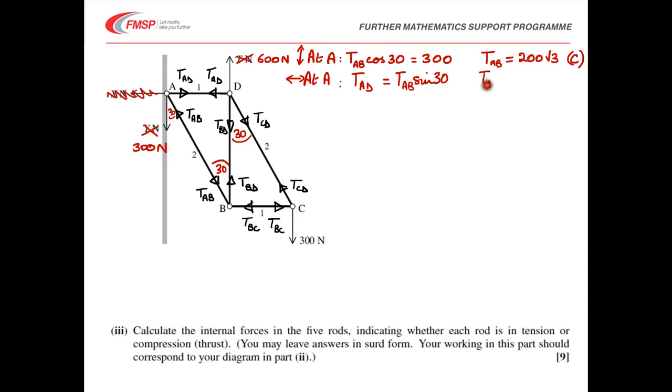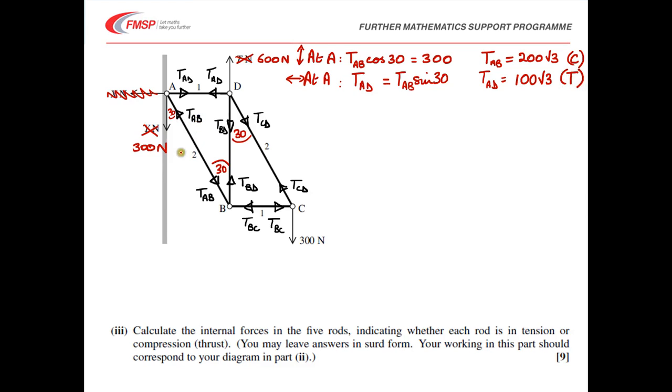So TAD is going to be half of TAB, so 100 root 3, and in this particular case it's pulling away from A and away from D, bringing that rod together, so that's going to be in tension. So TAD is a tension.